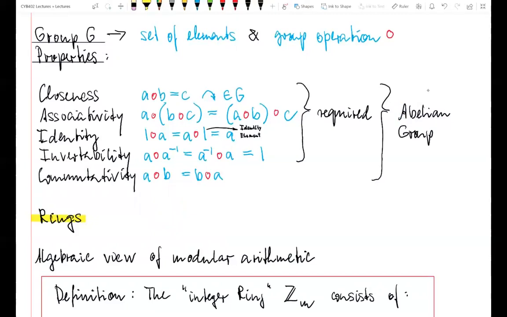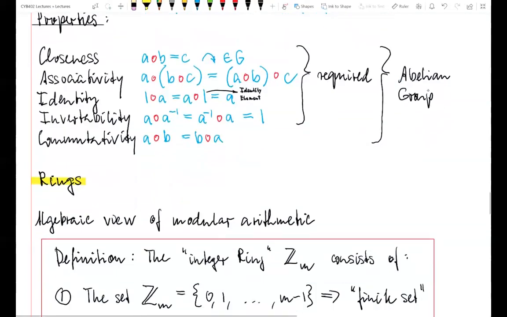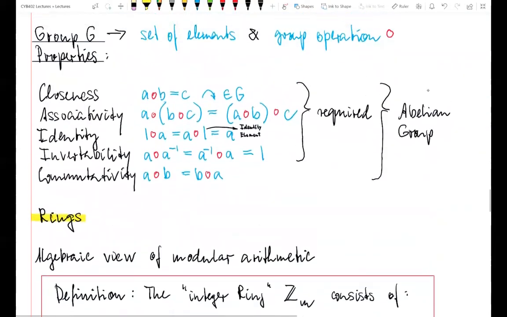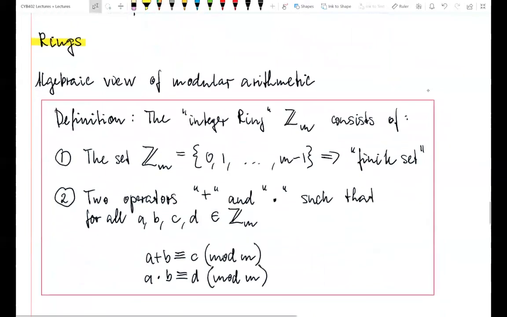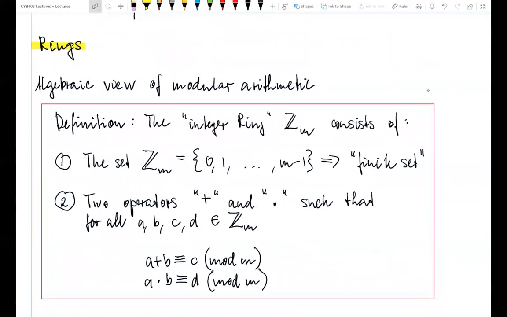So, an abelian group. It turns out that groups are the more foundational structure in abstract algebra. And based on groups, we can now define what rings are.